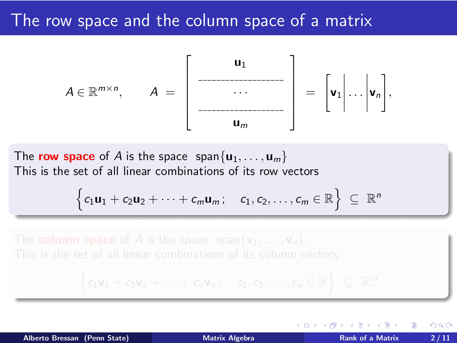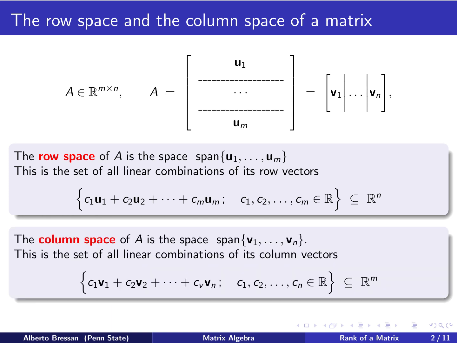So this is the set of linear combinations of row vectors in this form: c1 u1 plus c2 u2 plus up to cm um, where all the coefficients c's are just real numbers. So in the end, this will be a vector of length n, so therefore it's a subspace of Rn.